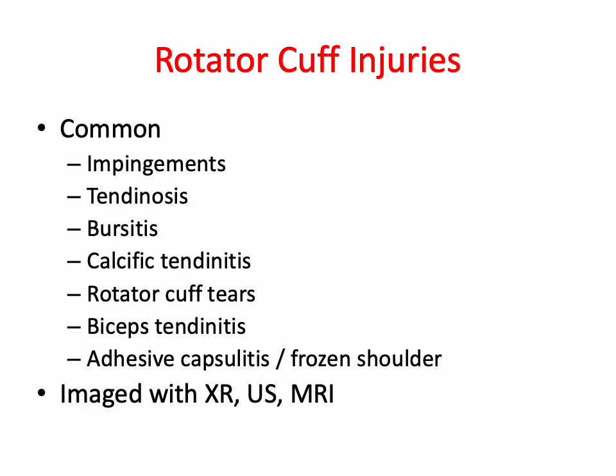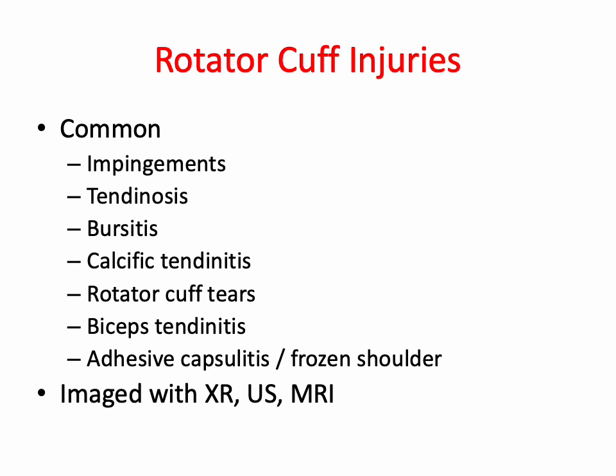A bursa is a synovial membrane-lined space present in a number of joints, overlying joints and tendons, allowing tendons to slide over each other. Calcific tendinitis, which is a deposition of calcium hydroxyapatite within tendons. Rotator cuff tears, which can be both partial or full thickness.